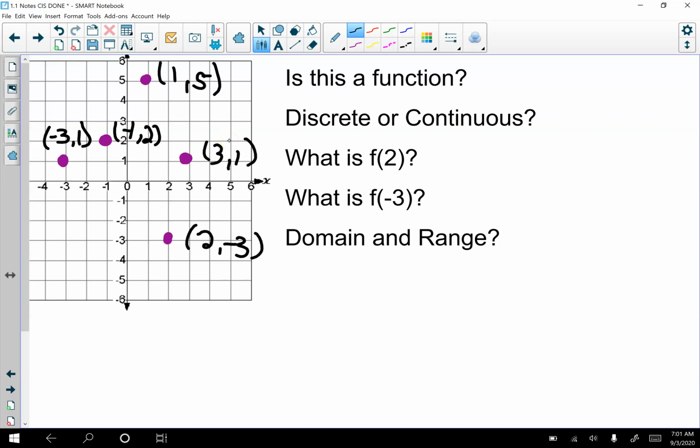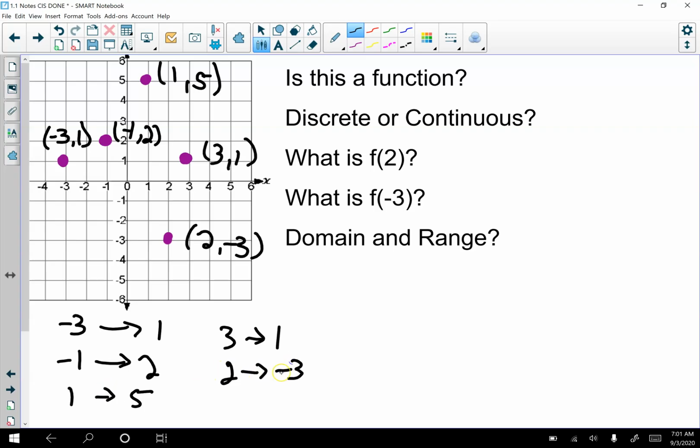For every one of these, the x has one output. So the -3 goes to the 1. The -1 goes to the 2. The 1 goes to the 5. 3 goes to the 1. And the 2 goes to the -3. And we could put that 3 here and have it go down to the same 1 if we wanted to.